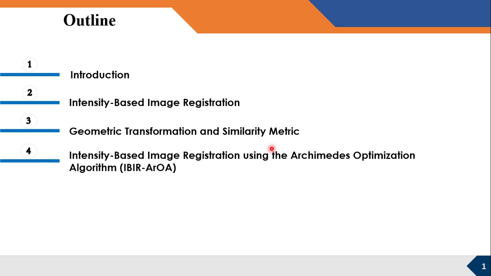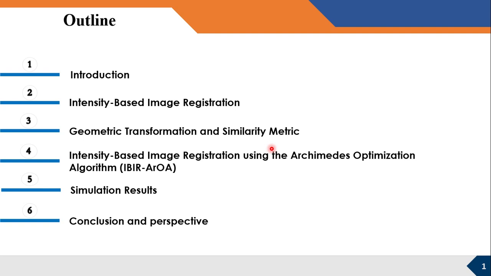Fourthly, we present our new method for intensity-based image registration based on the Archimedes optimization algorithm. Then we will discuss the simulation results, and finally we will conclude our presentation and give some perspectives.